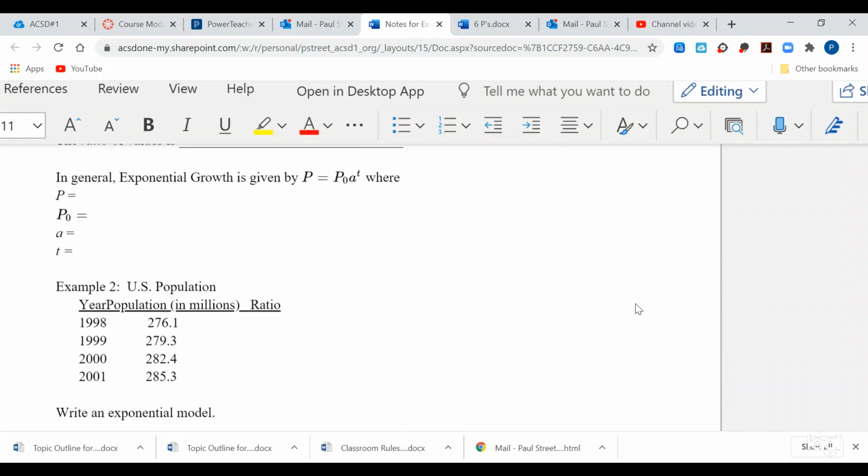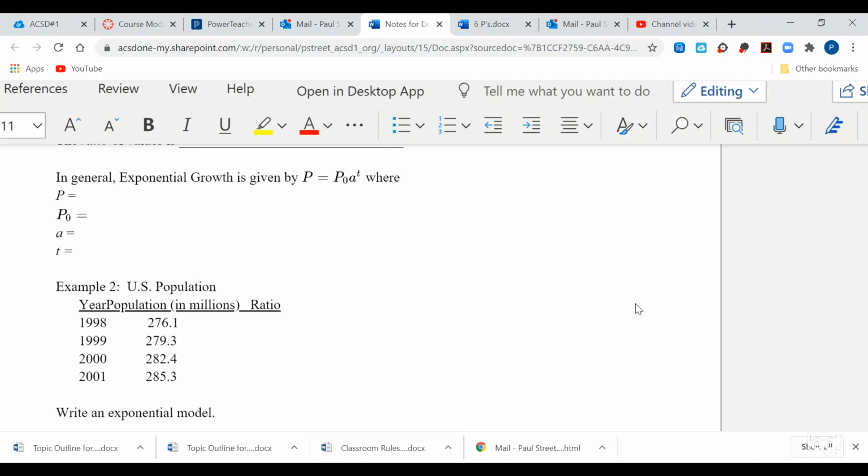So in this equation, P equals P sub 0 a to the t, what does that P represent? The amount after, like your answer. Yeah, the amount after what? Or I should say T. T years after 2000, because that's what we said we were starting at.